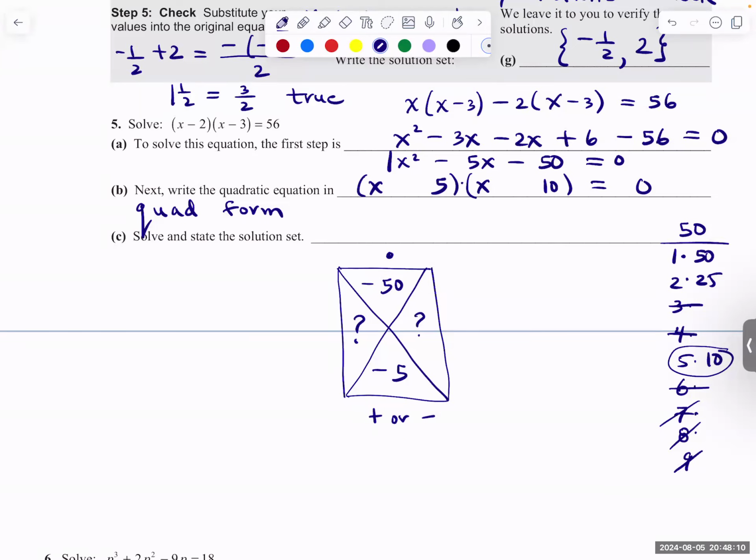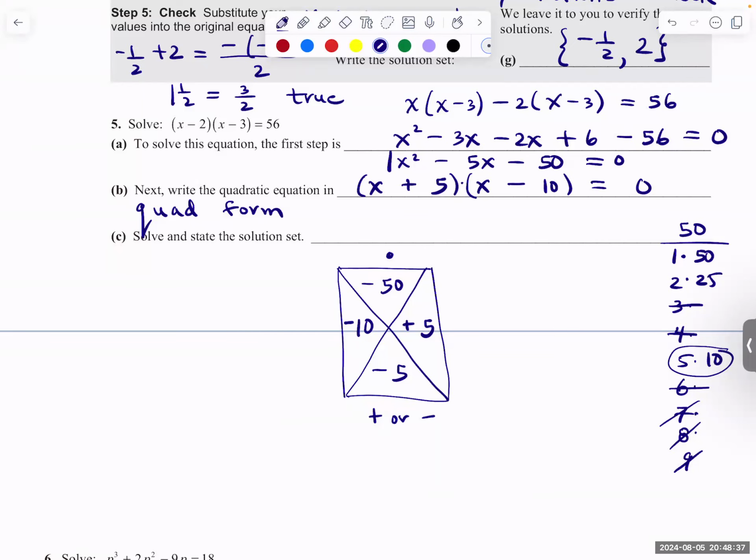So you do this list of pairs of integer factors, or just do some mental math, and you come up with 10 times 5, but to get negative 50 as a product and negative 5 as the sum, we're going to need a negative 10, positive 5. So minus with the 10 and plus with the 5.